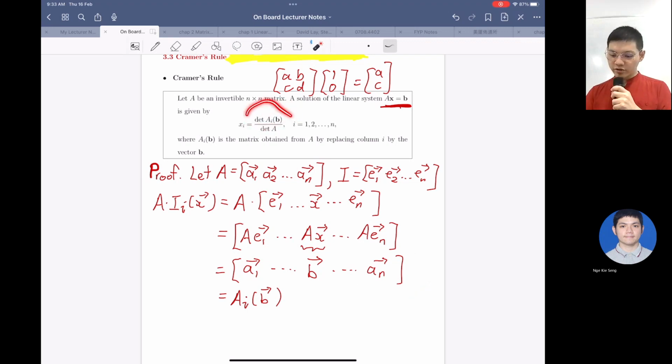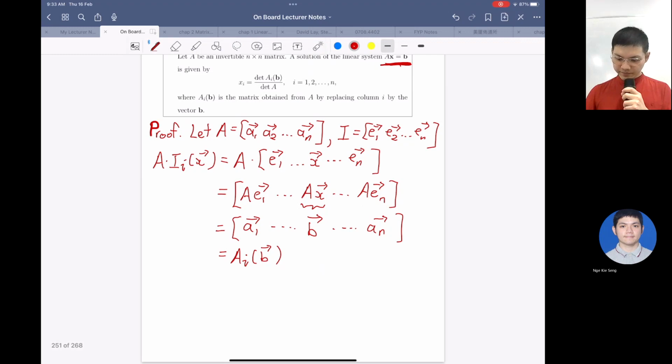We already retrieved this A_i(b) and related it to A and I_i(x). Now you want the determinant of A_i(b), so let's apply the determinant on both sides.